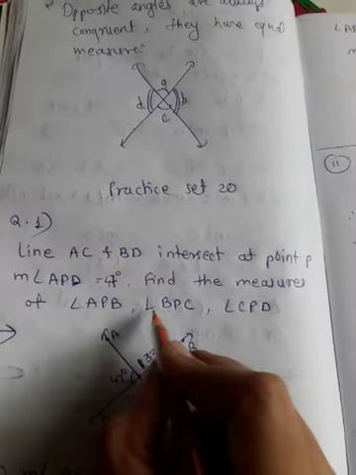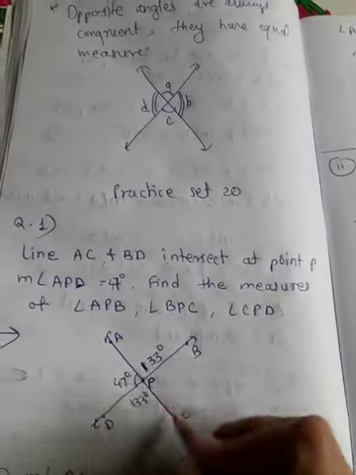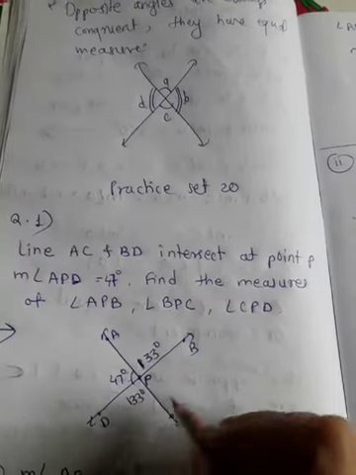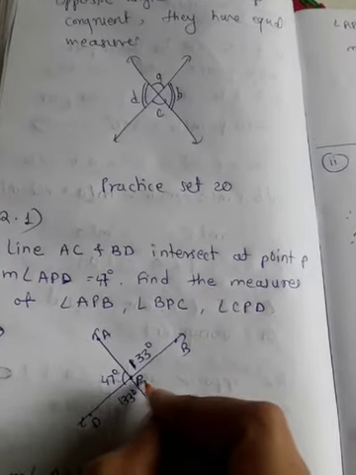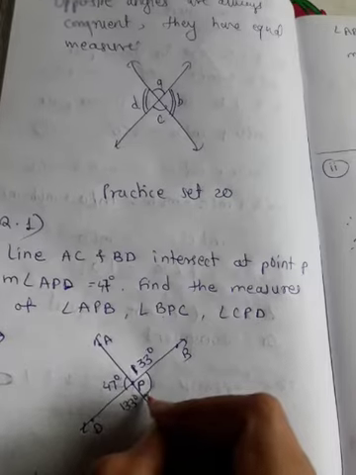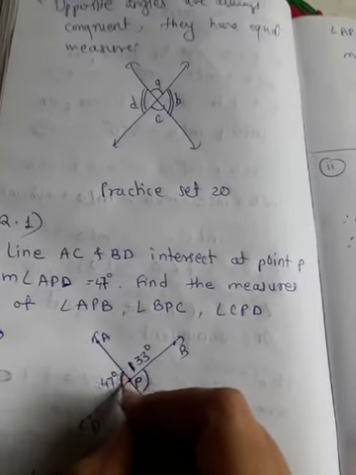Now it remains only to find the measure of angle BPC. From the diagram you can easily say that these two are opposite. Therefore opposite angles are of equal measure.